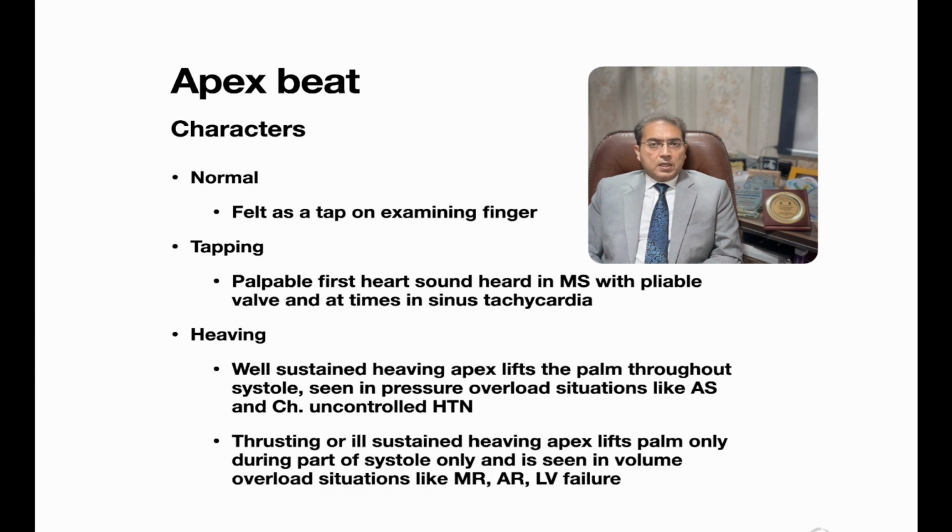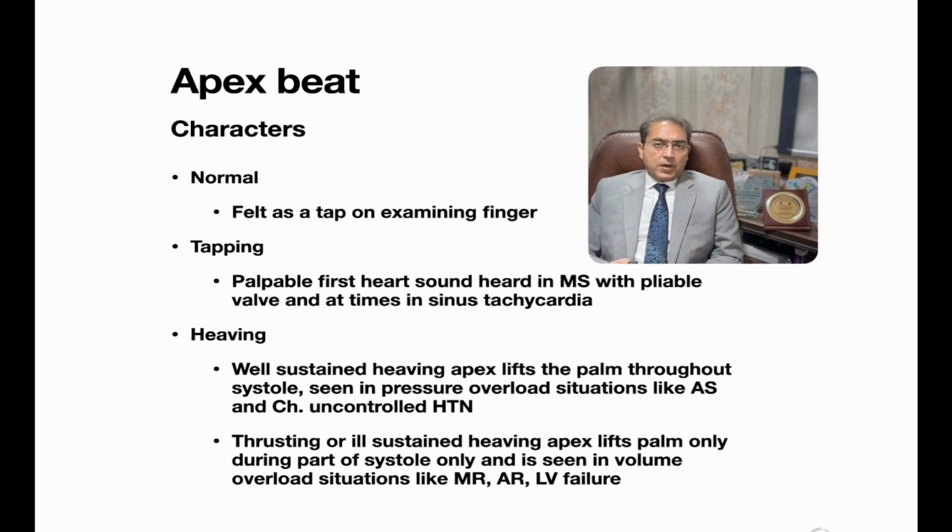And then you have thrusting or ill-sustained heaving apex beat, which is slightly more diffuse as compared to the well-sustained heaving apex beat. In this, the palm is lifted but not throughout the systole, only during some portion of the systole. This is seen in conditions like volume overload caused by aortic regurgitation or mitral regurgitation, and in some patients with heart failure as well.